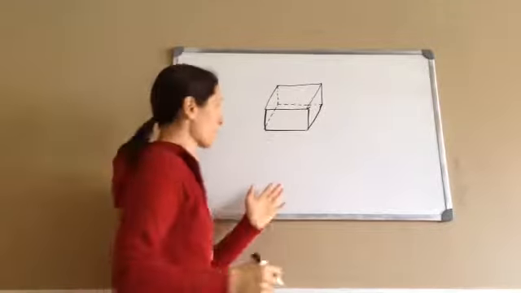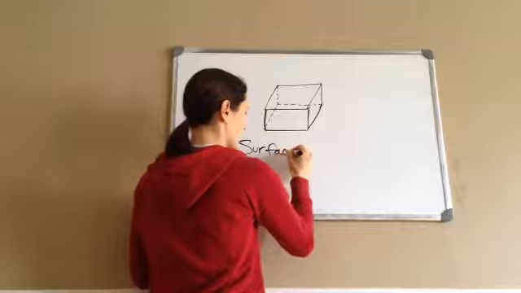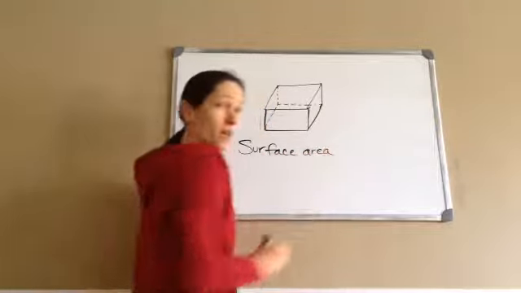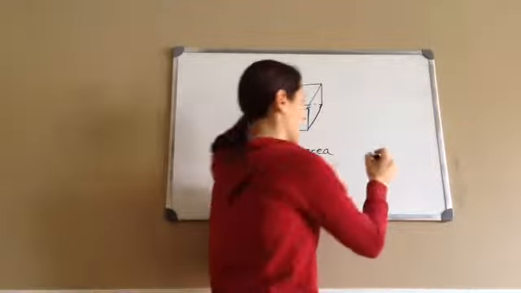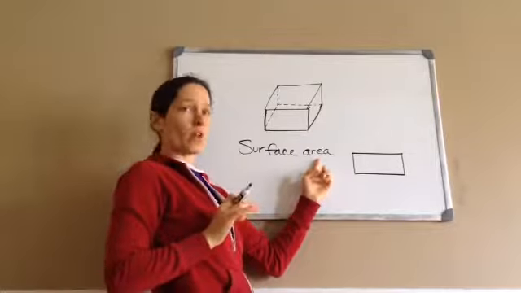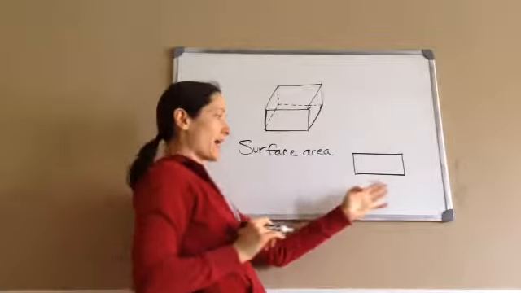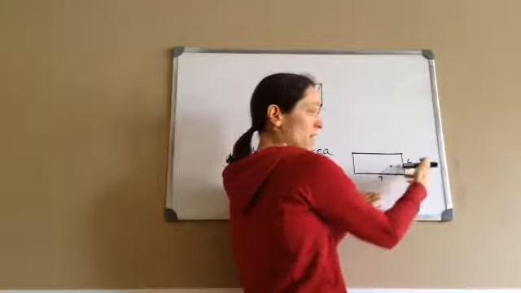Now that you have that, whenever we're talking about surface area, up to this point, when we've talked about the word area, for example, when you find area of something, I would be finding, for example, length times width.